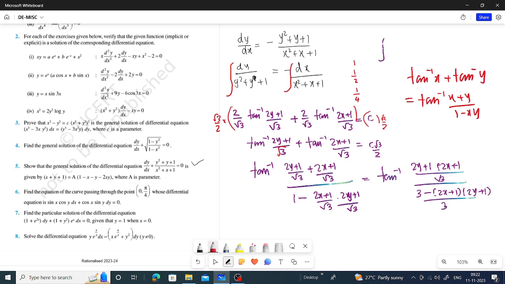So what happens is root 3 here it cancelled, here 1 root 3 will remain. Implies tan inverse of this root 3 goes there.